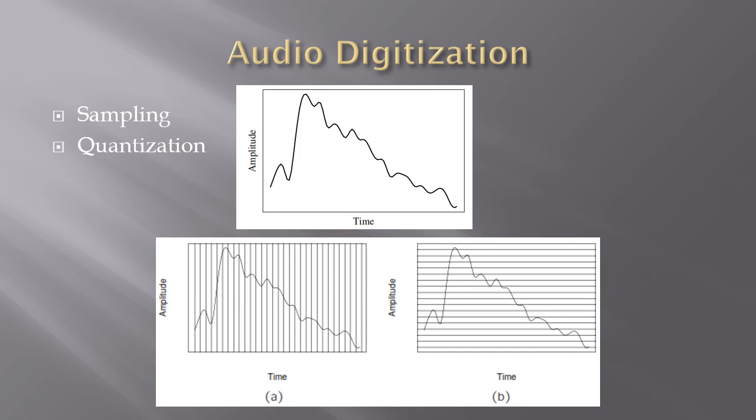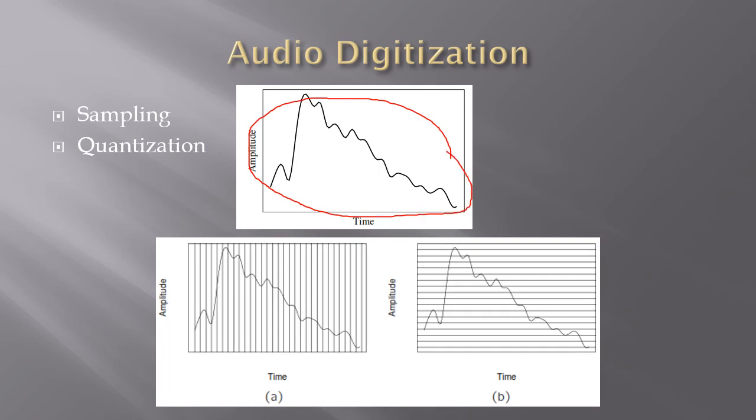Okay, so after we obtain our signal, we have to process it. Either the signal is recorded or it is live, but we have to do the same process. That is sampling and quantization. So let's assume that this is the analog signal.